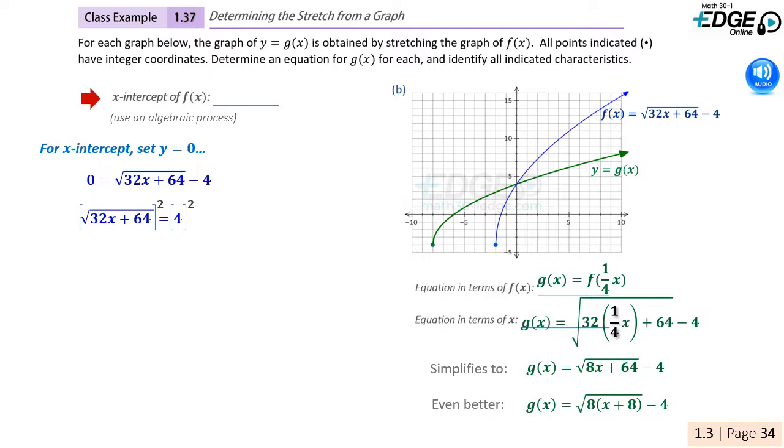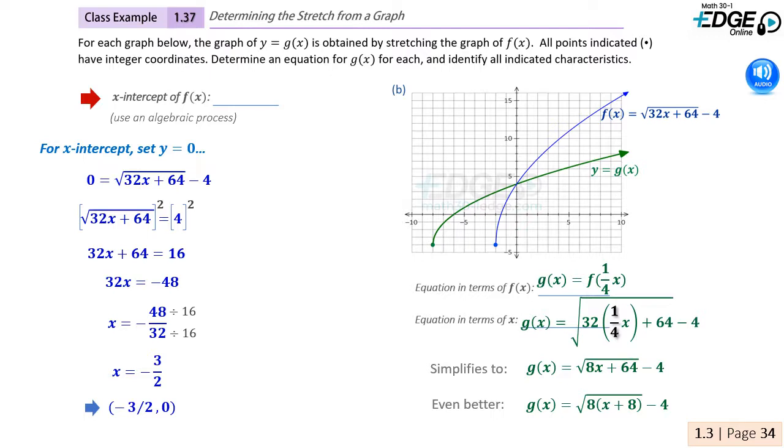So here we square, and on the left that simply cancels out the square root sign over the 32x plus 64. On the right side, the 4 squares to 16. After a little bit of subtraction and some division, we find that x corresponds to 3/2.